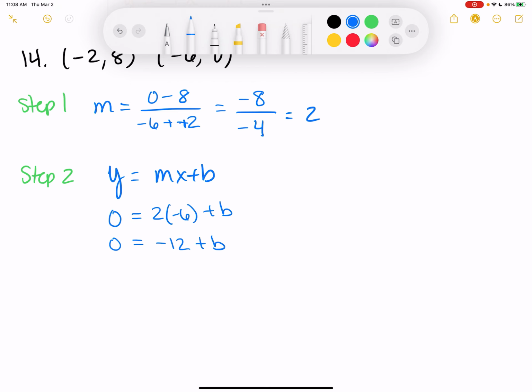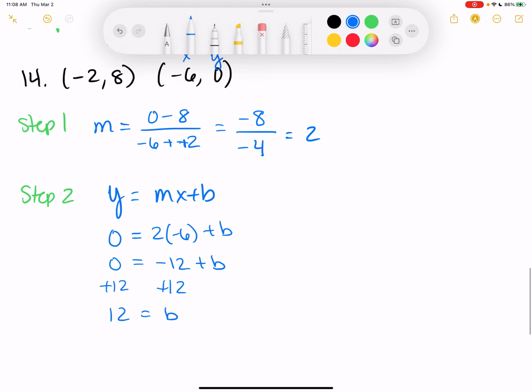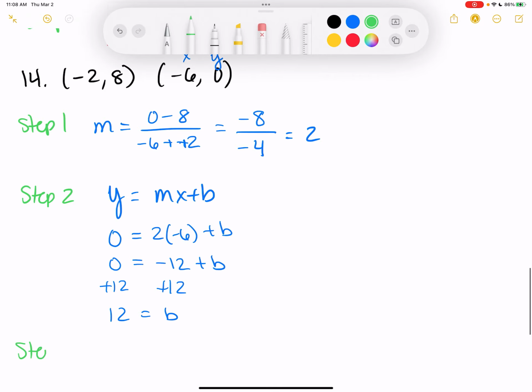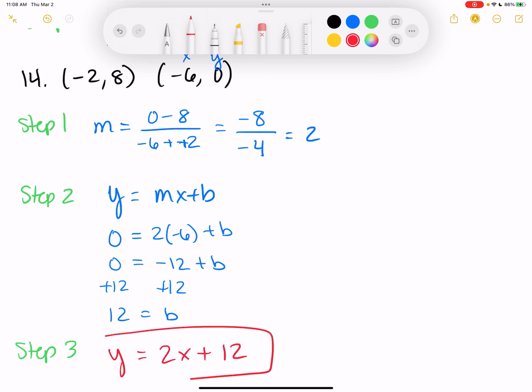So then I need to move it over, add 12 to both. So that's 12 is equal to b. So I have a slope, I have a y-intercept, so my equation of my line is going to be what? Y equals 2x plus 12. Sweet.